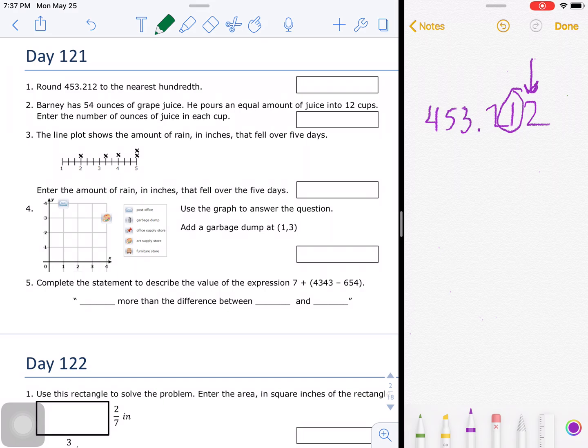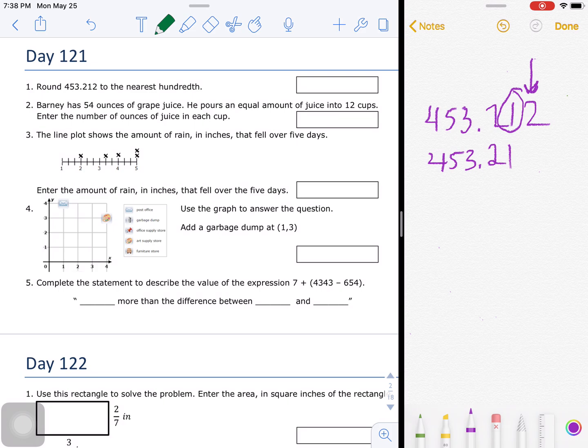So the circled value is hundredths, and the indicator is 2 thousandths. Well, that is 4 or less thousandths. So we're going to let the hundredths rest.